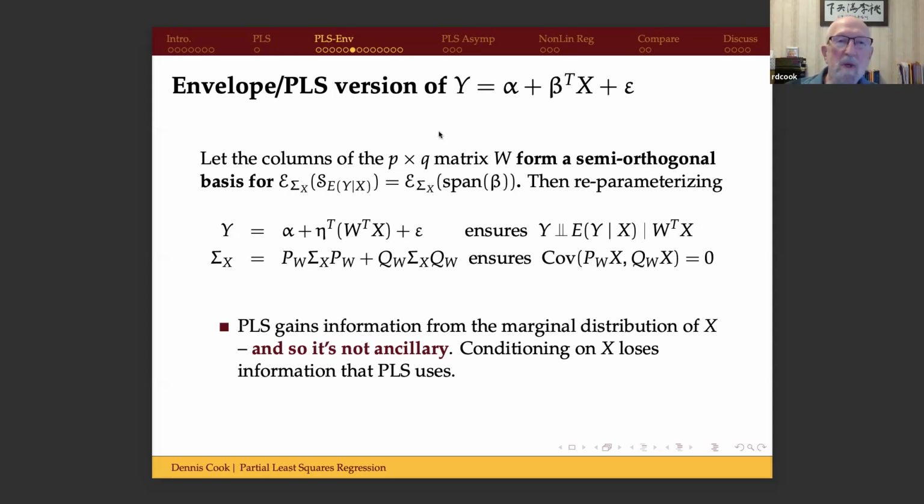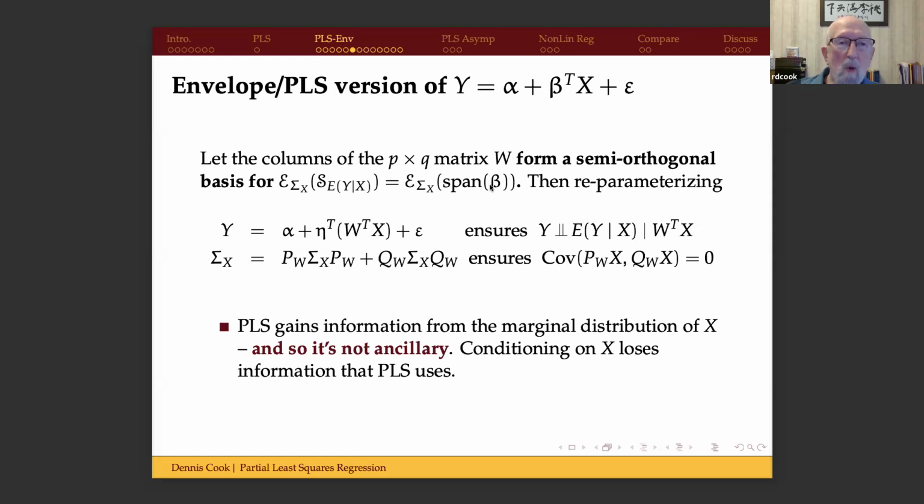The central mean subspace in this model is trivial. It's just the span of beta. So we're now asking for the sigma X envelope of the span of beta. That is, we want the smallest reducing subspace of sigma X that contains the span of beta.